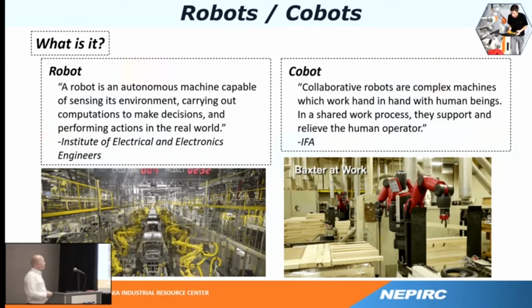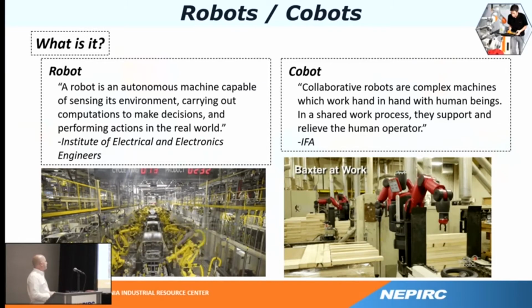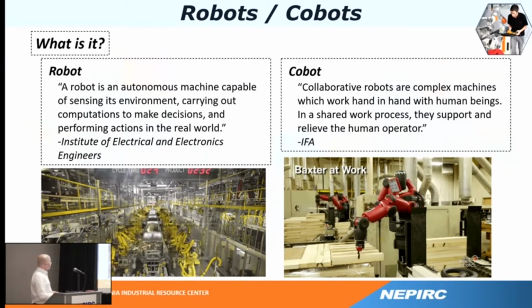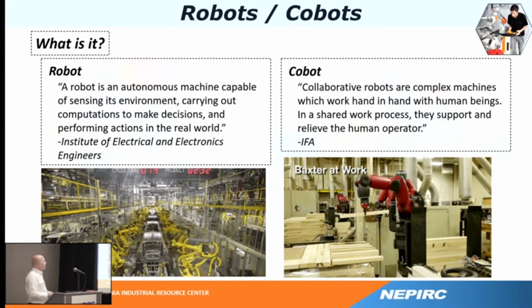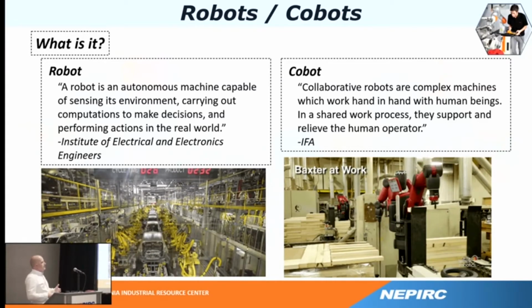This one on the bottom left here is the one you've all seen in movies growing up, where there's robots making things, they're making cars and whatnot. You can see here in this whole area, it's all fenced in. This is not a really safe environment for human beings. A robot is a machine that's capable of sensing its environment.